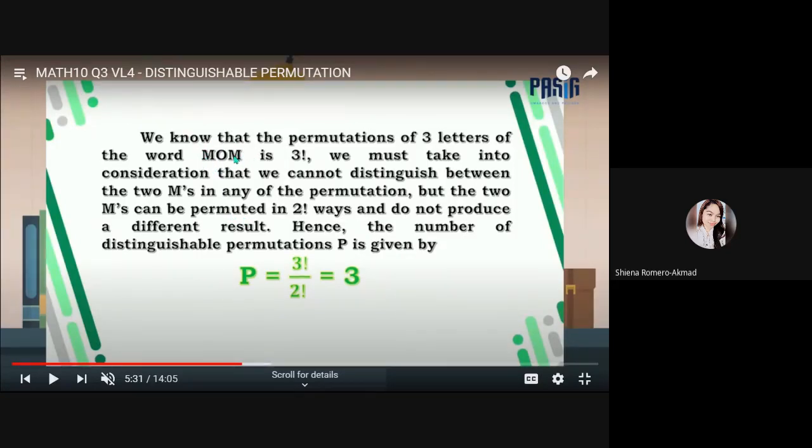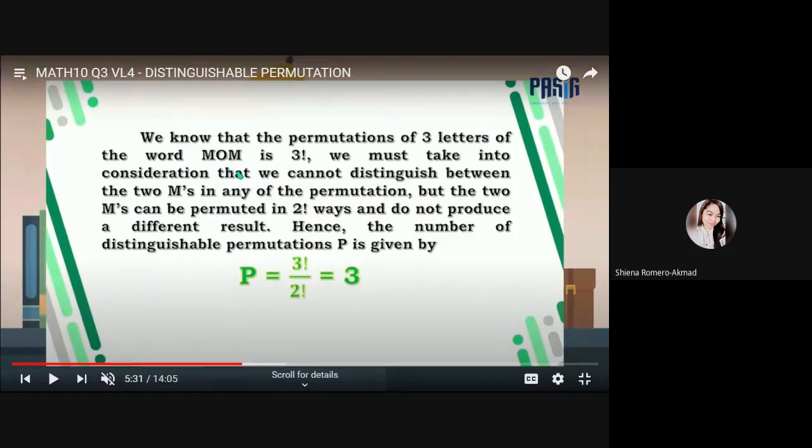And if that is the case, dahil may parehong element, it tends to give you arrangements that are the same. Because we cannot distinguish ano ba yung naunang M, ano ba yung pangalawang M pag nag-arrange na tayo. Kaya nagiging magkakamukha yung ating mga arrangements.